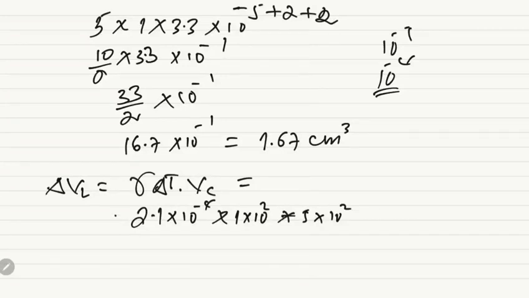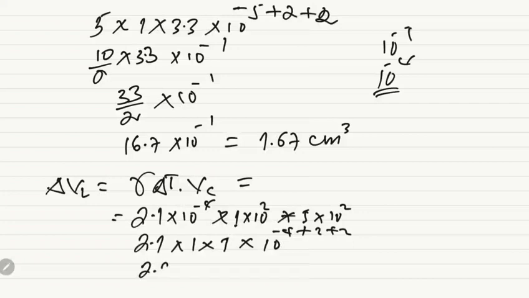So you can collect this: 2.1 times 1 times 5 times 10 to the power of minus 4 plus 2 plus 2. So this is equal to 2.1 times 5 times 10 to the power of 0.